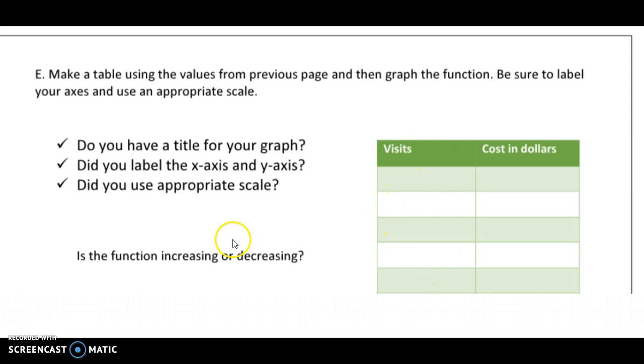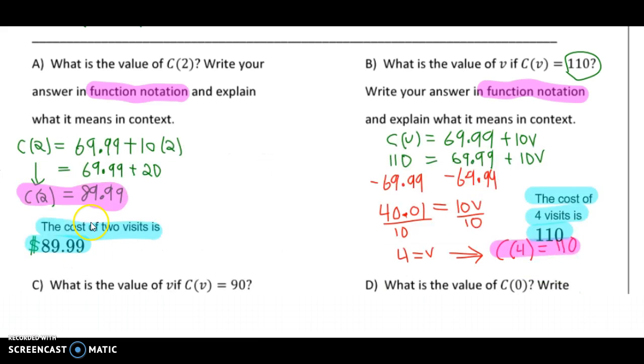We could create more, but I think having 4 data points is good enough for a graph. We're going to get these data points from our previous page. So V is the number of visits, and the cost was in dollars. Let's go back to the previous page. We know the cost of 2 visits is $89.99.